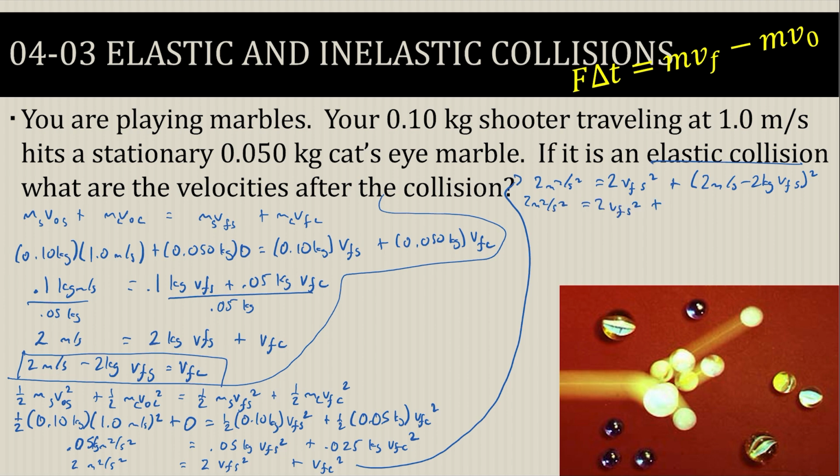Now when I square it, it's times itself. You'll end up with 4 meters squared per second squared minus 8 kilogram meters per second VFS plus 4 kilogram squared VFS squared.